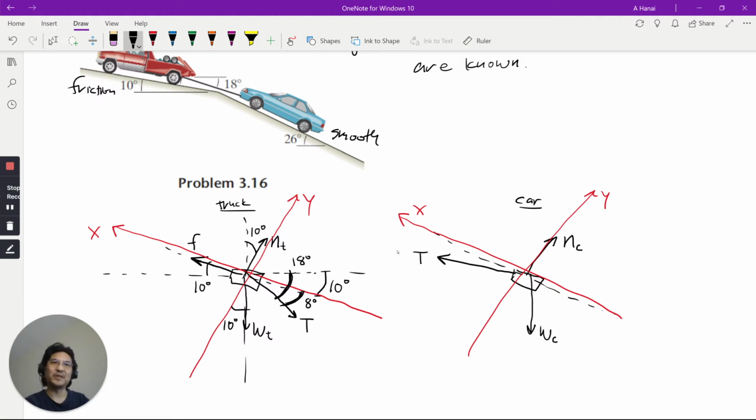And then also for the car, this is horizontal, this is vertical. So the incline here to here is 26. This is 26. But between horizontal and the tow rope is 18.